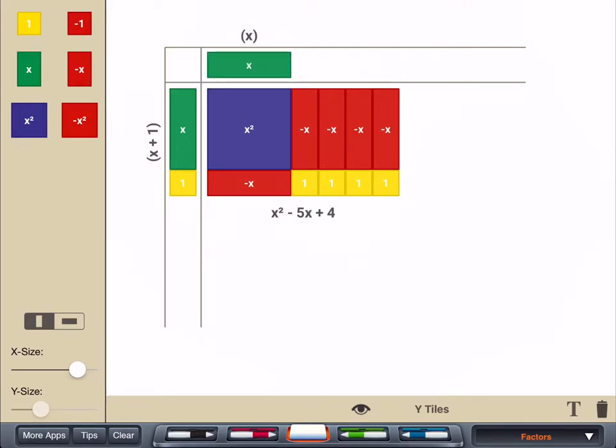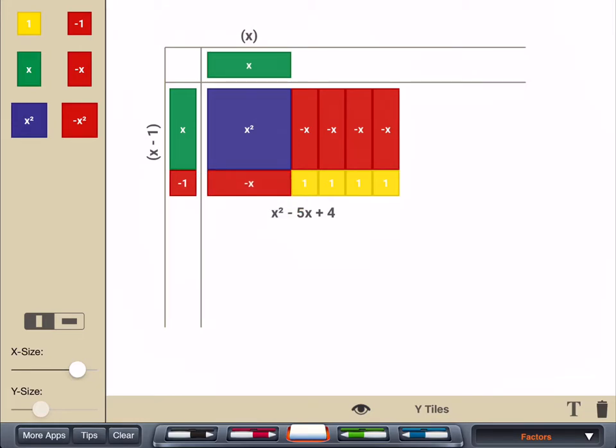I'm doing a positive right now times a positive, but I'm supposed to get a negative x result. And since I know I needed a positive x squared and that these rectangles definitely need to be positive, looks like I better use a negative 1 instead, because a negative 1 times x would give me a negative x.